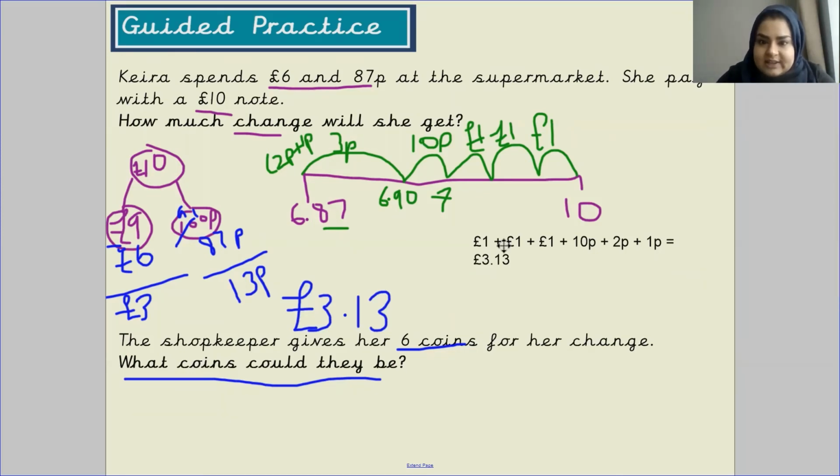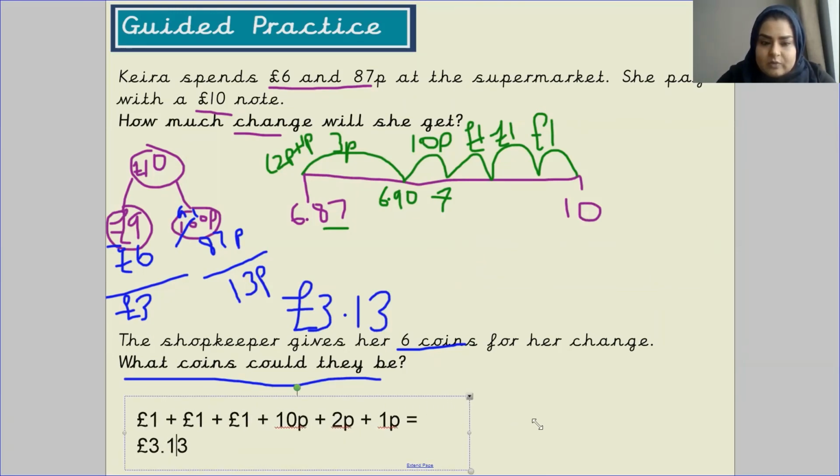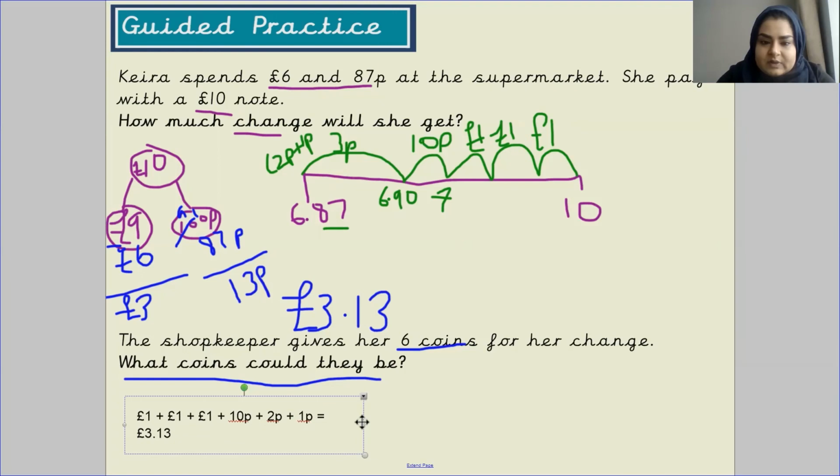It is actually these that I used, because if I use 3 £1 coins, that gives me 3 coins. Then a 10p is 4 coins, 2p is 5 coins, and 1p is 6 coins.